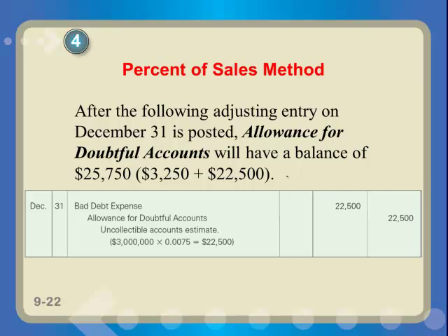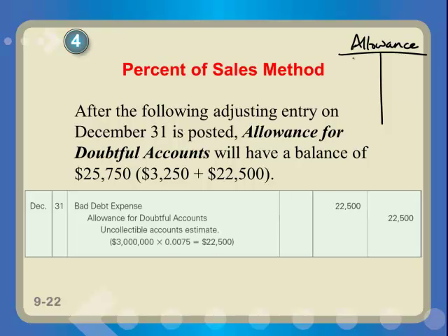Oh well, there it is. I didn't know I had it on the PowerPoint. So that would be their entry. And again, they mention in here that if your allowance account had a balance, this particular example disregarded that.